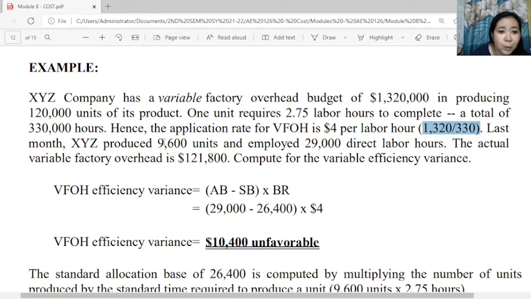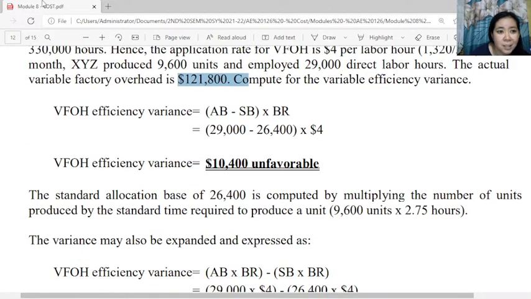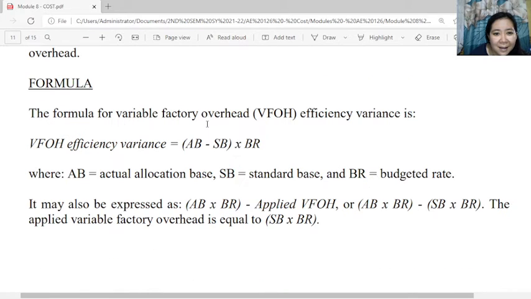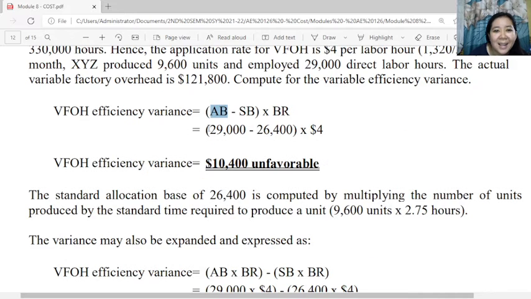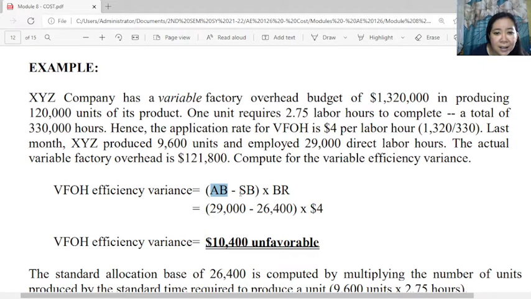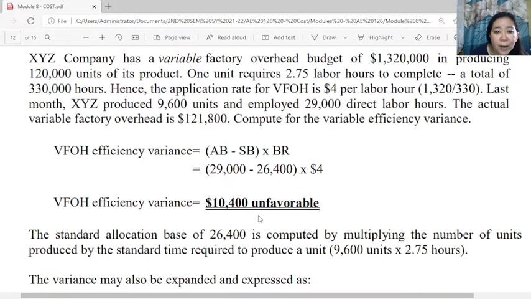Last month, they produced 9,600 units and employed 29,000 actual direct labor hours. The actual factory overhead is 121,800. To compute for our efficiency variance, we will take the formula as given: actual allocation base minus the standard base times the budgeted rate. The actual number of hours is 29,000, and 26,400 is the standard.